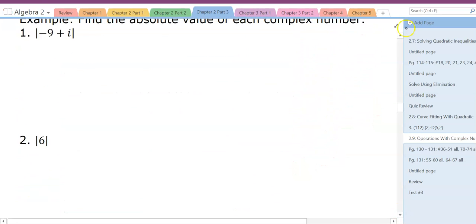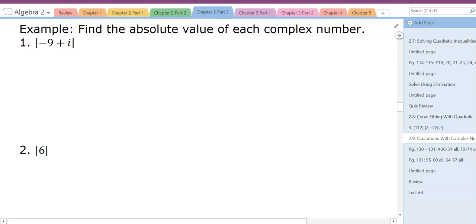So for this first one, we have the absolute value of -9 plus i. So the numbers that you're working with are the -9 and the number that's in front of i. What number is sitting in front of the i? 1. So you're also going to be dealing with the 1.